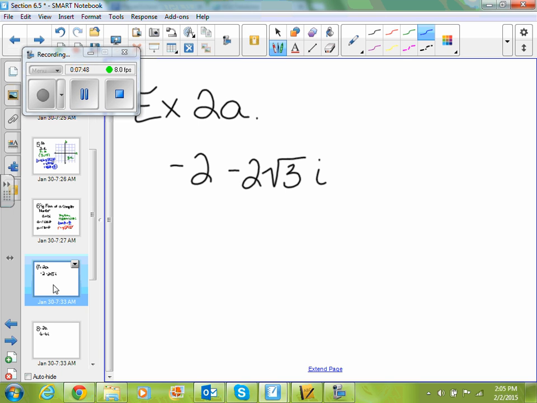Alright, so if I look at the complex number negative 2 minus 2 root 3i, I want to write that in trig form. The things I need to find are my r and my theta.